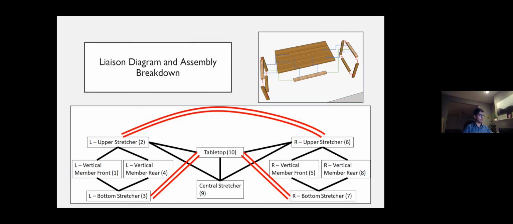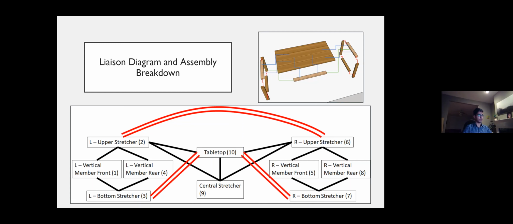Looking specifically at the liaison diagram, all the black lines denote where the fasteners will be attached. We haven't specified a particular fastener, but in a standard woodworking procedure, we would use glue and potentially screws if need be. And the connections in red show the KCs.